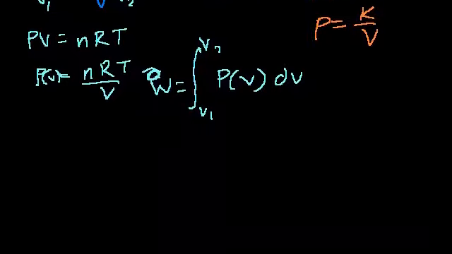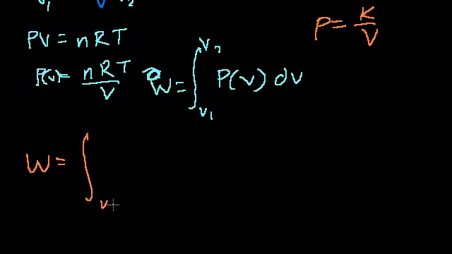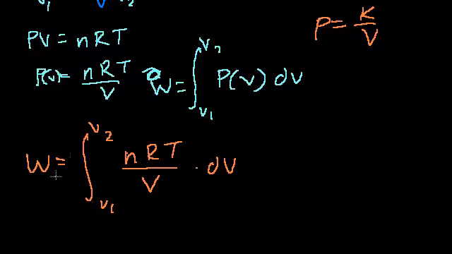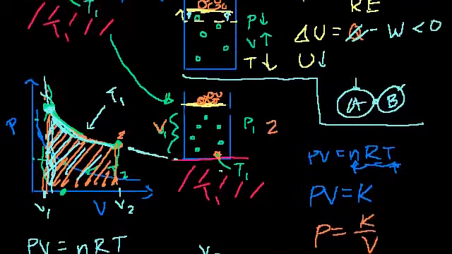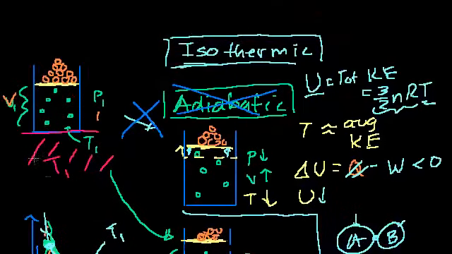So what's P as a function of V? So work done is equal to, from V1 to V2, nRT over V times dV. Now, this was our simplifying assumption. We said we're sitting on top of a reservoir. But this reservoir keeps our temperature the same the whole time.